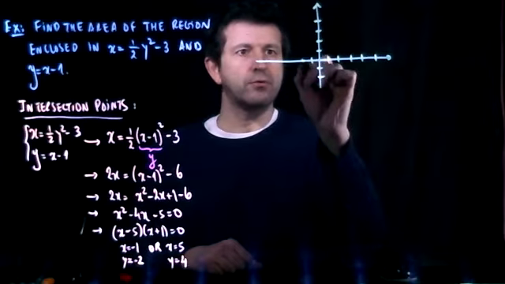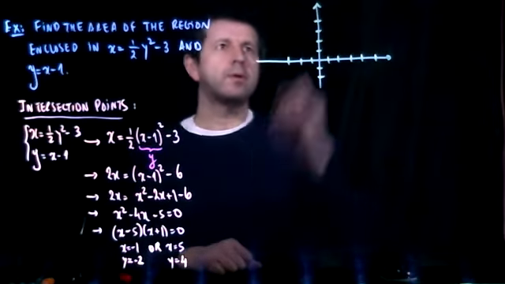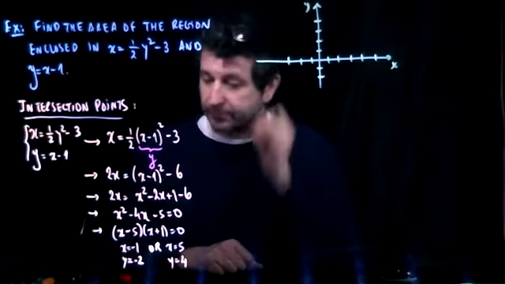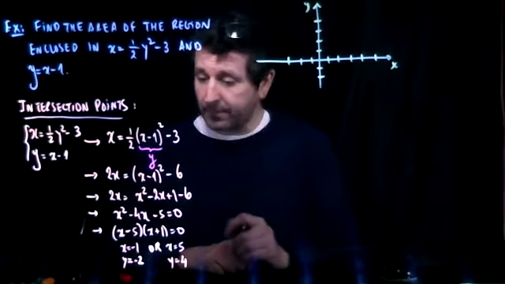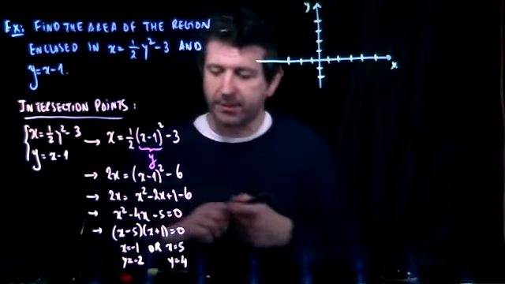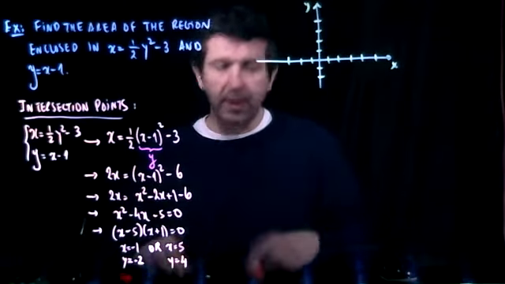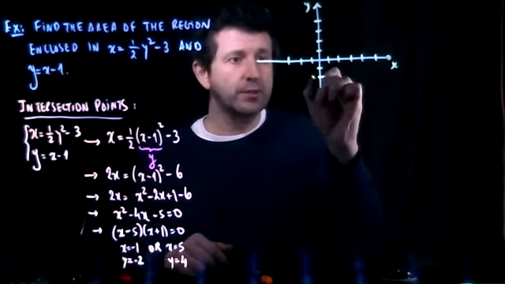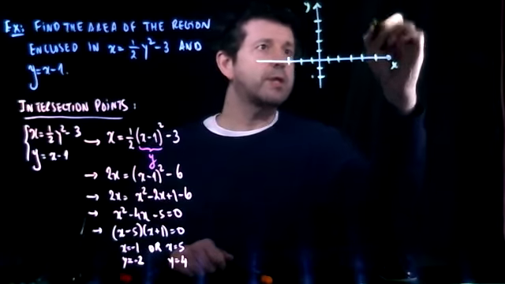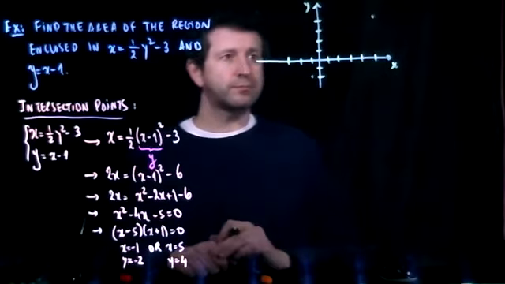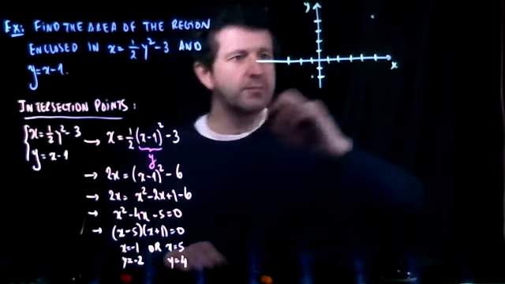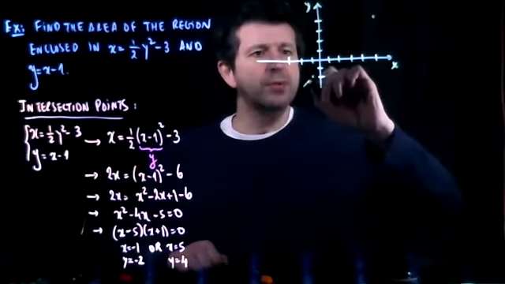Negative 1, negative 2. So let's place negative 1, negative 2 right here, and then 5, 4 is right here. Y equals x minus 1 is very simple. It's a straight line like this.